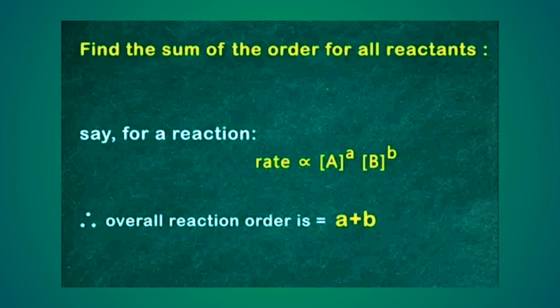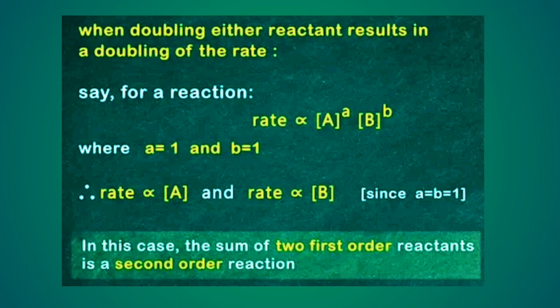Now, if there's a change in the reactants, of course, there'll be a change in the rate. So doubling either of the reactants results in the doubling of the rate. So the rate of reaction is directly proportional to the concentration of the reacting species raised to the power of their exponents. So where a is equal to 1, b is equal to 1, of course, a plus b will give the overall order of reaction.